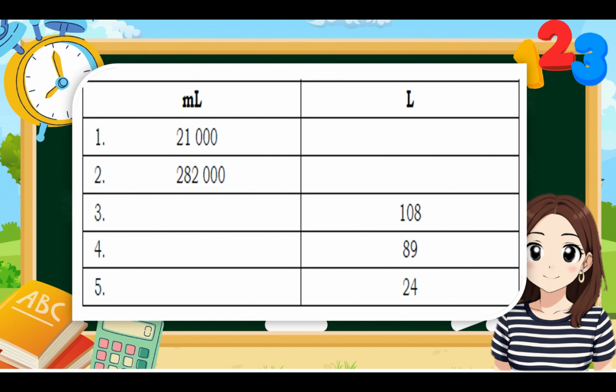Next, number 3, 108 liters converted to milliliter. Number 4, 89 liters converted to milliliters. And number 5, 24 liters converted to milliliters. And that is from larger unit to smaller unit, we have to multiply by 1,000.